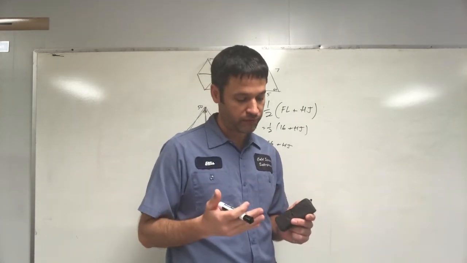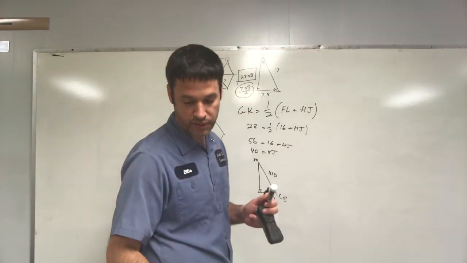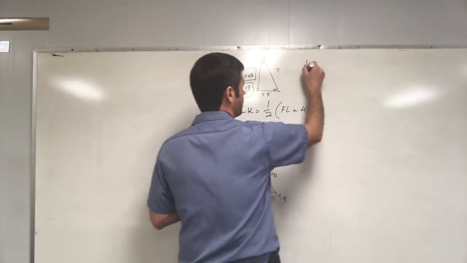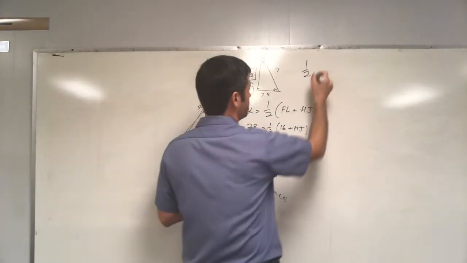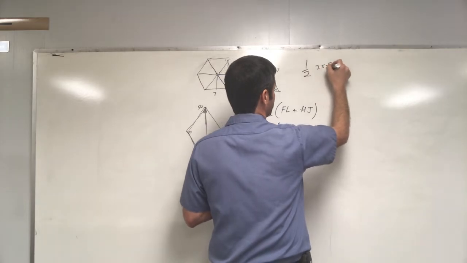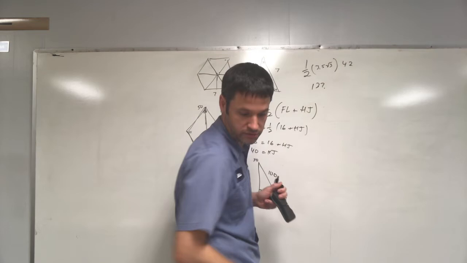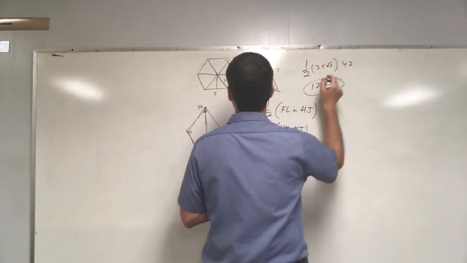That is 1/2 times apothem times perimeter. The perimeter is simply 7 times 6, so 42. So the formula would be 1/2 of the apothem, which we said was 3.5 square root 3, times 42. Just do all that and you get 127.31 approximately. That's the area of the base.